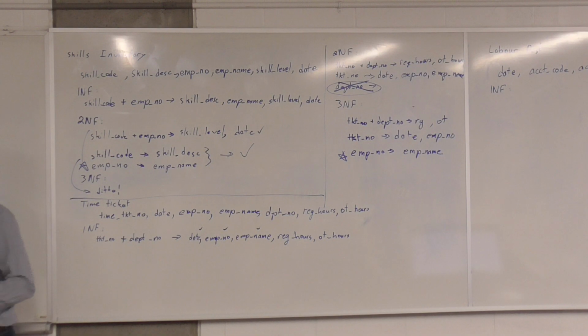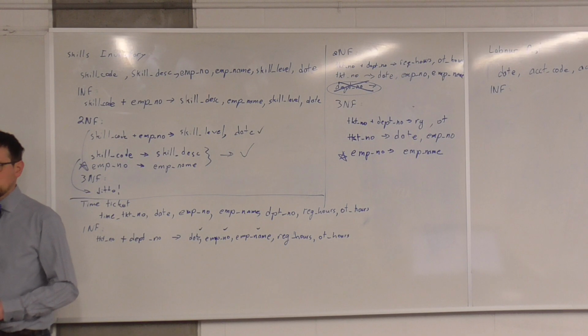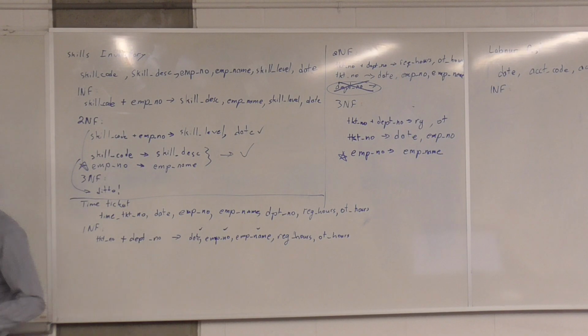Basically, from a top-level standpoint, what this report is trying to tell us is how much money was spent on labor in each department on a particular day. So you could imagine this being a daily report, right?